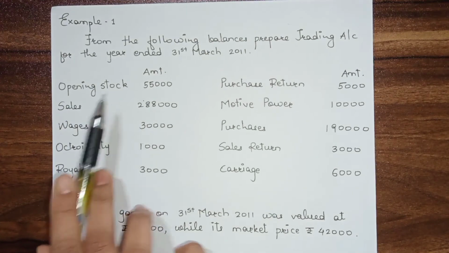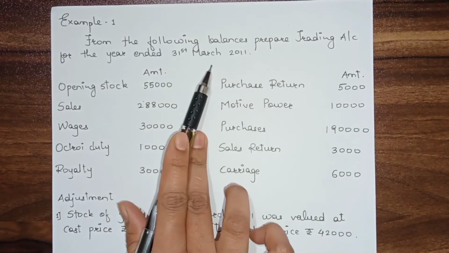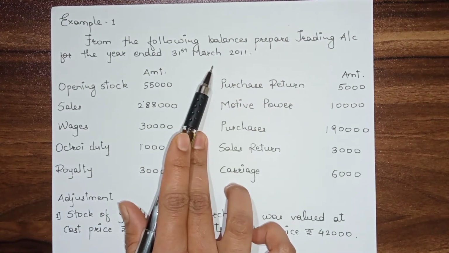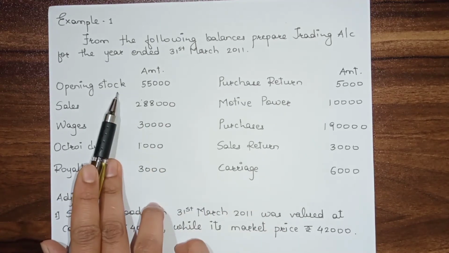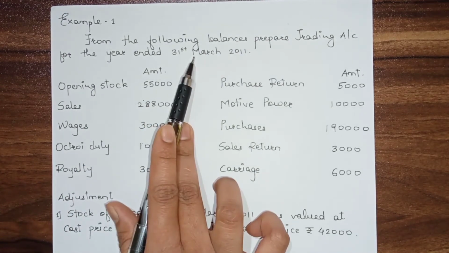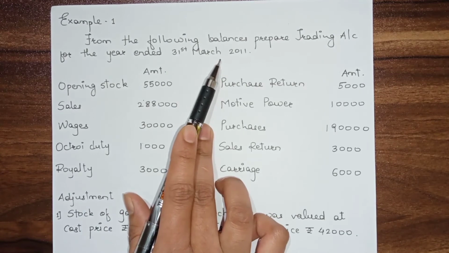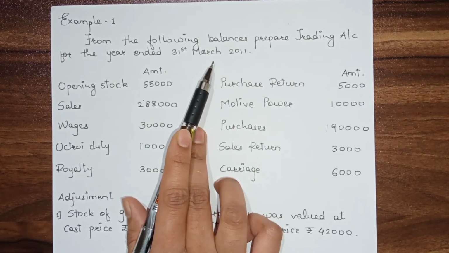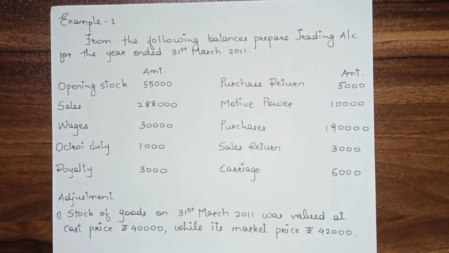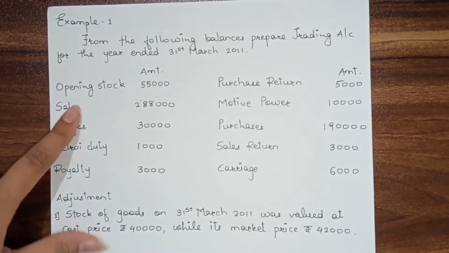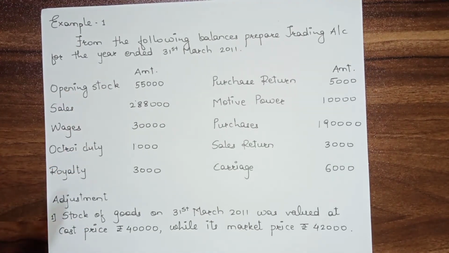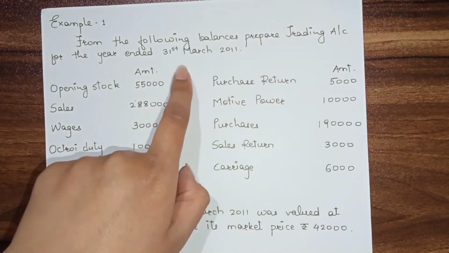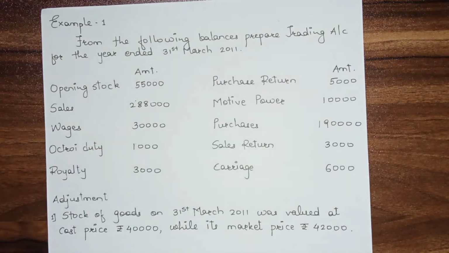If this is the opening stock on 31st March 2011, it will be the closing stock on 31st March 2010. So this is how we have to identify the opening stock and closing stock.